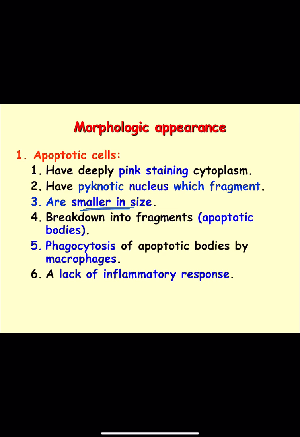Robbins does not really make that distinction on where to find these nuclear changes, but in reality, in my humble opinion, you will find them only with apoptosis: the pyknosis, the karyorrhexis, and the karyolysis. All right, so eventually they are going to break down. The pieces of the cell will get smaller in size, no question about it. The nucleus will get smaller in size because, again, it's scaling down, getting smaller and smaller.